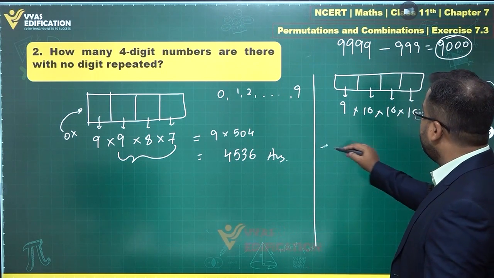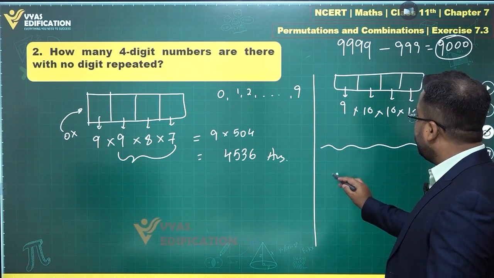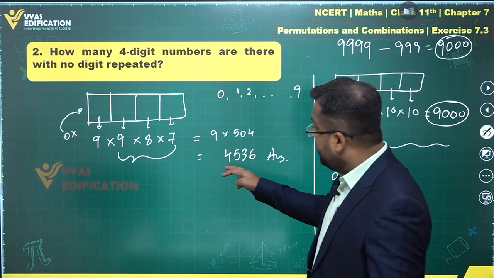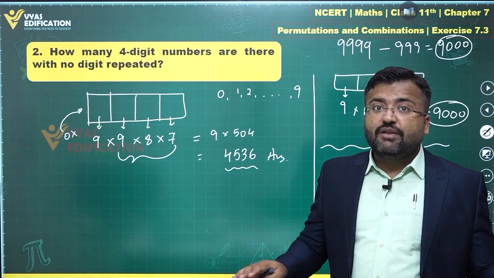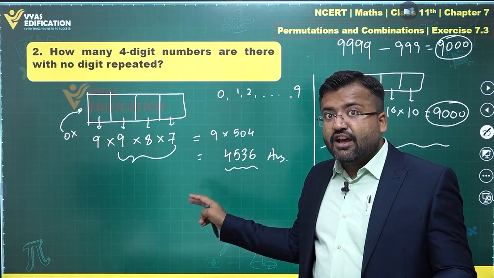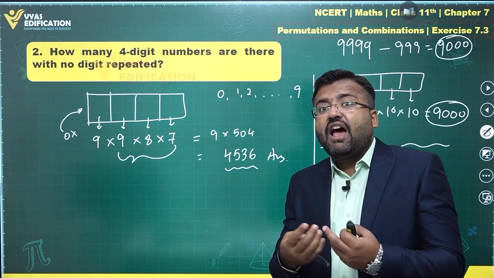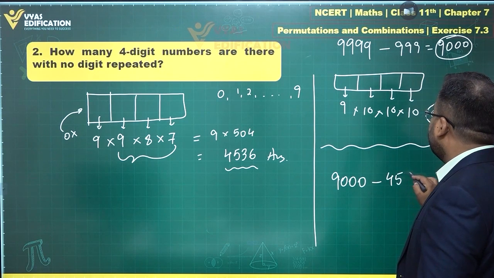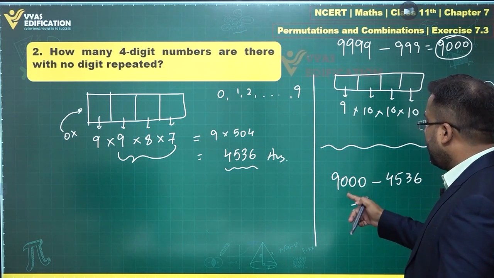Now that can be solved with a simple idea: there are total 9,000 4-digit numbers, and there are certain 4-digit numbers which do not have any repetition of digits. Other than these, the numbers which you obtain will have some repetition. So subtract 4536 from here, and what do you get?